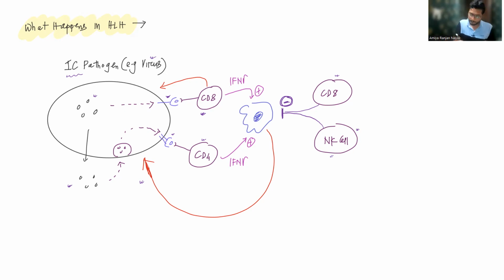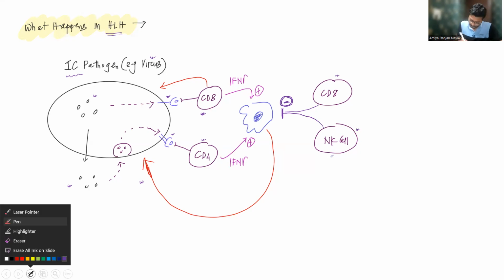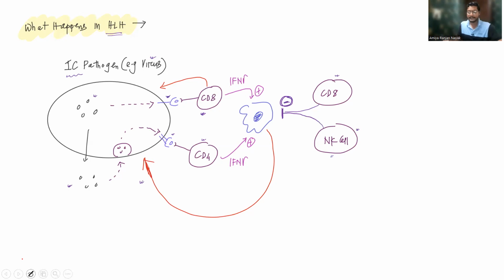But what is going to happen in patients with hemophagocytic lymphohistiocytosis? What happens basically in this condition, as I have told you, is that granule release and cytotoxicity cannot happen.